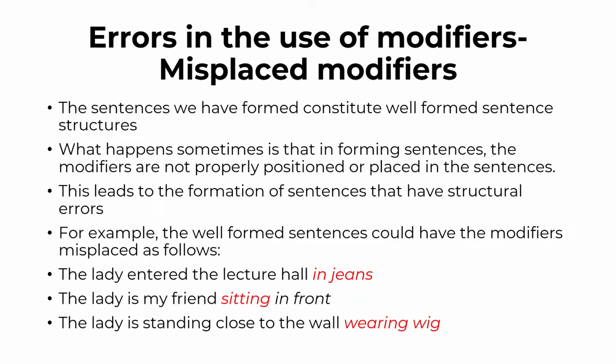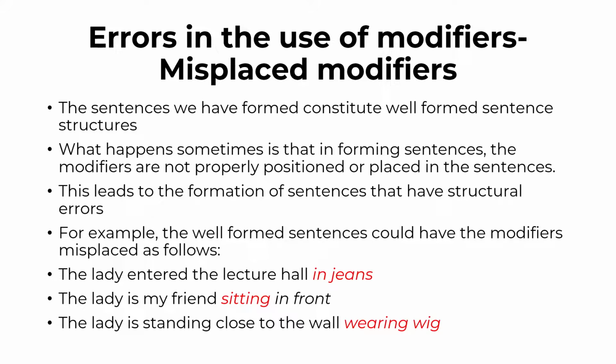Now, my dear students, what happens is that sometimes we do not place the modifiers close to the entity that they are modifying, and that results in what we call misplaced modification. So we have misplaced modifiers. Let's look at examples of instances of misplaced modifiers.